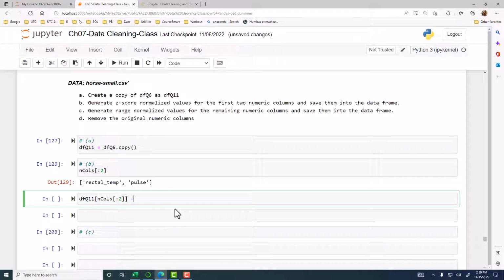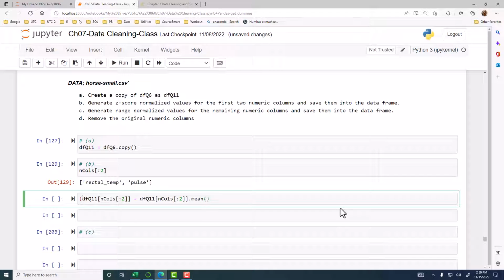Then we subtract from that DFQ11, and again we have to go ncols, and then we do dot mean. So this is our numerator, value minus its mean.